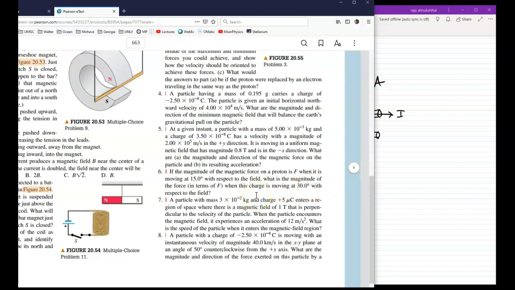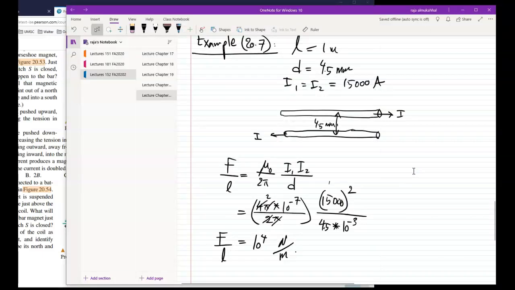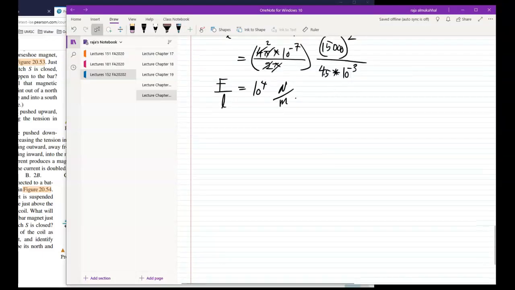Okay? So how do we do this problem? The difficulty of it really involves the math. It's not the physics.